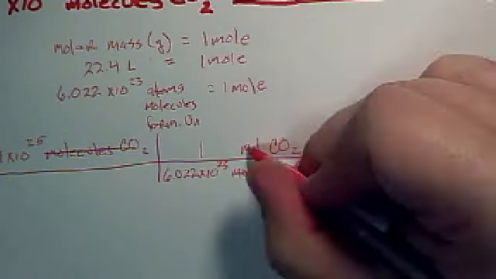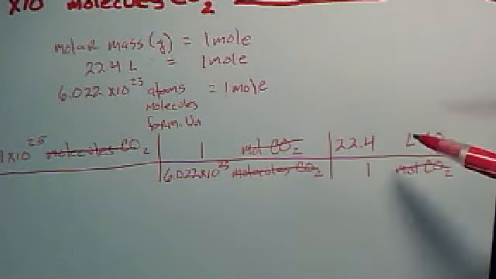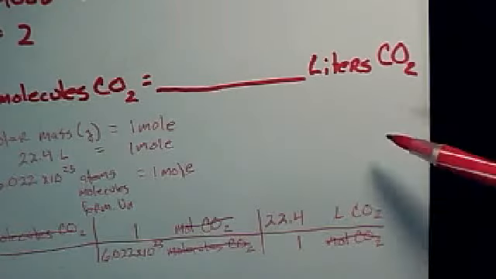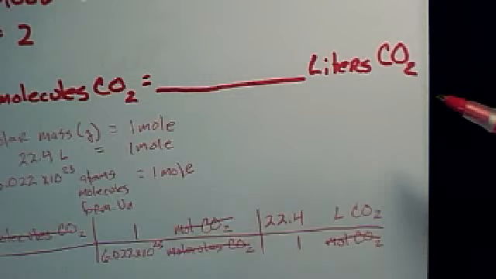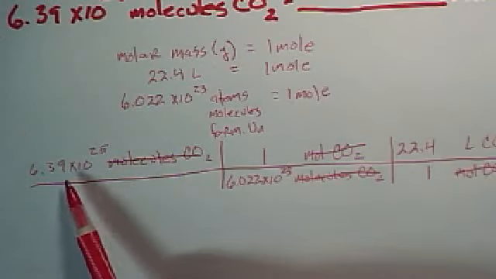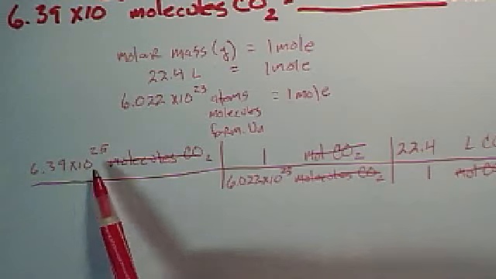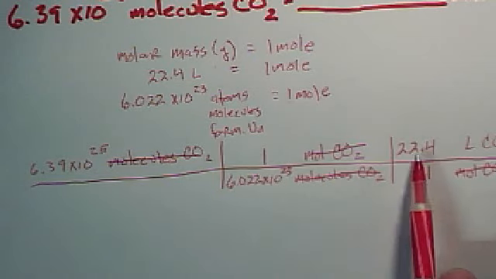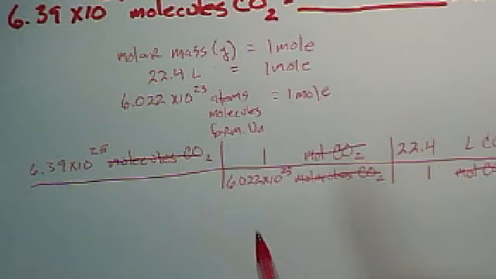Alright, moles of CO2 cancel, moles of CO2 cancel. I'm left with liters of CO2, which is what the question asked for, so I now plug it into my calculator. Multiply across the top, 6.39 times 10 to the 25th times 1 times 22.4, and then divide by the bottom.